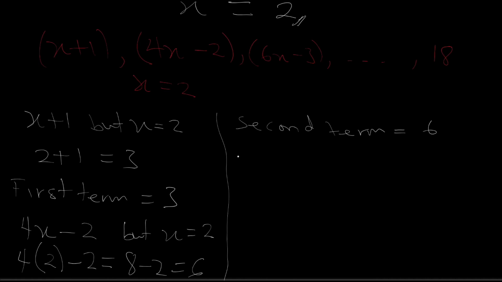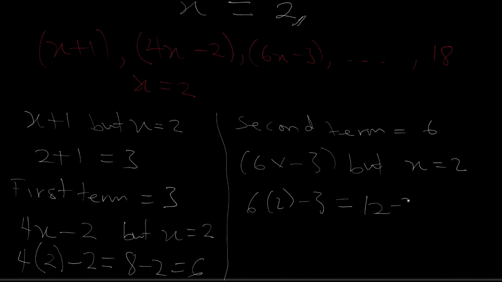Then we know our third term is 6x minus 3, but x is equal to 2. So we have 6 times 2 minus 3, which is 12 minus 3, which is 9. So our third term is 9, which gives us this progression.